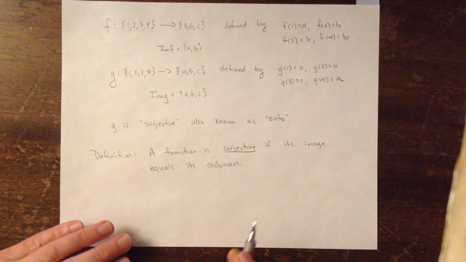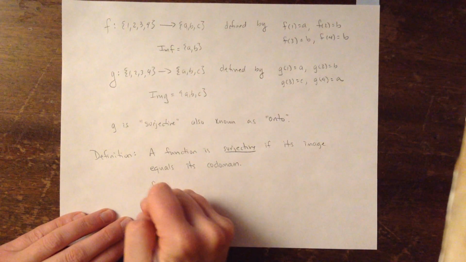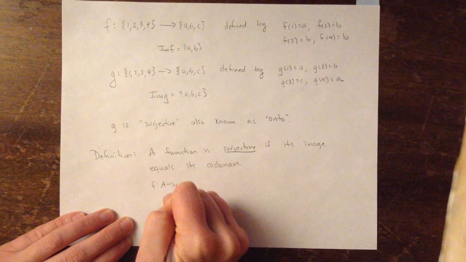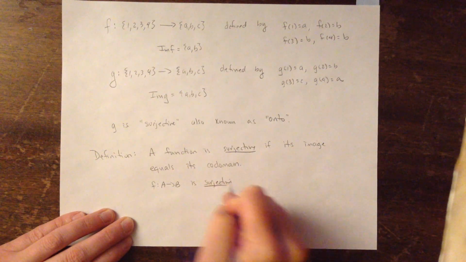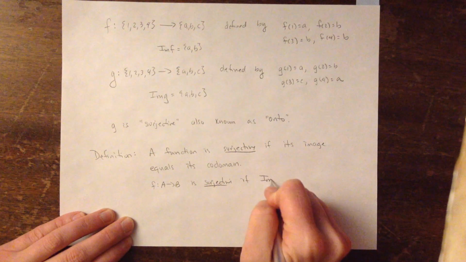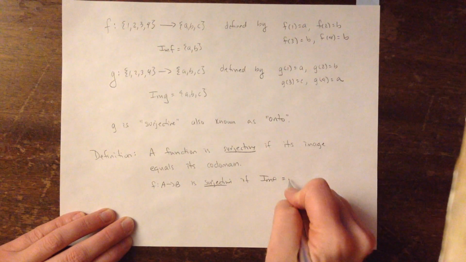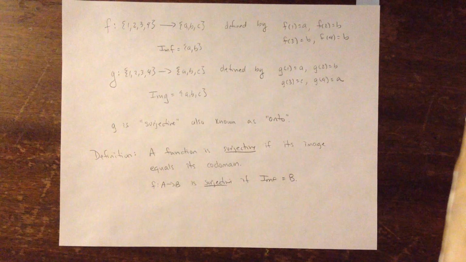So if we do, say, F from A to B, it is surjective if the image of F is equal to B. So that's what we're going to use as the definition, that the image of the function is equal to the codomain.